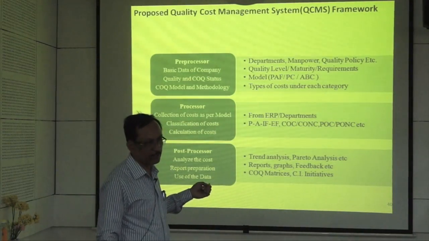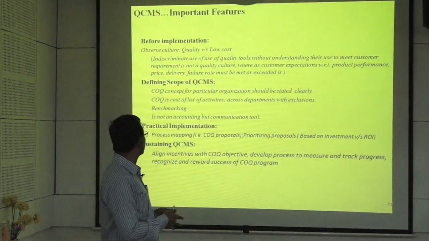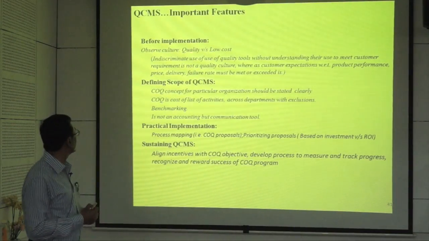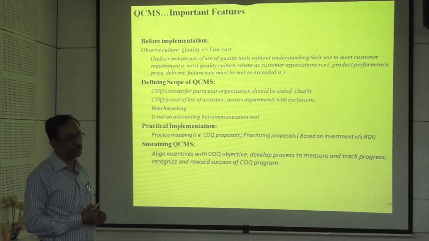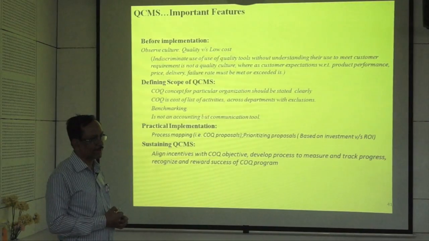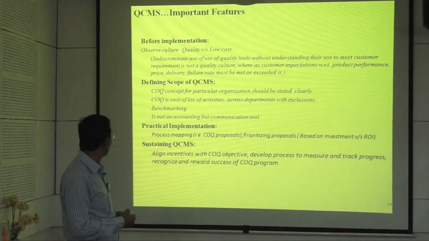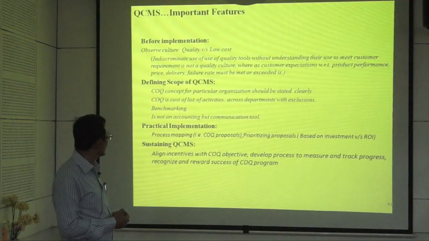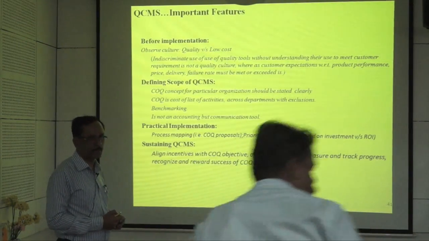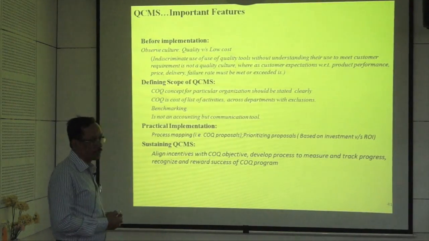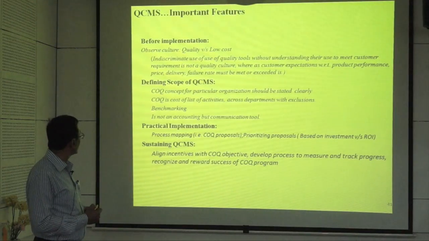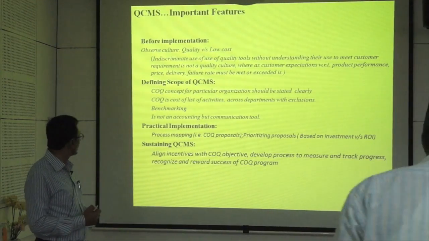Now this was the proposed framework which I have shown. Before implementation of this framework, there are a few important things that we have to see. What is the quality culture in that particular company? We have to define the scope of QCMS.